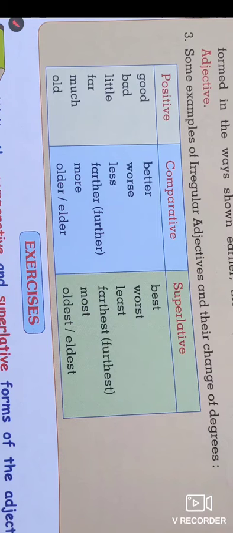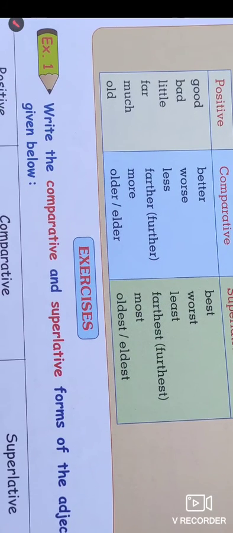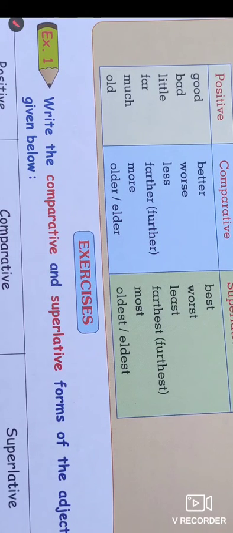Good, better, best: these words don't match each other. Each word is different from the others. Bad, worse, worst; little, less, least; far, further, farthest; much, more, most; old, older, oldest. These are the irregular adjectives.